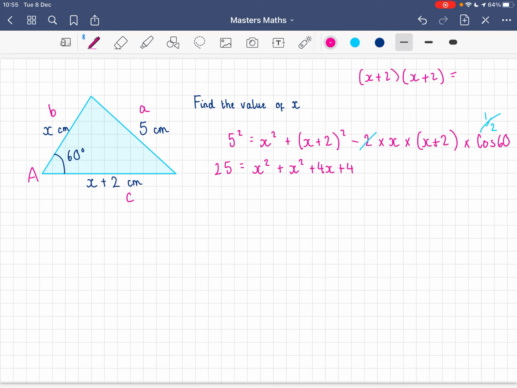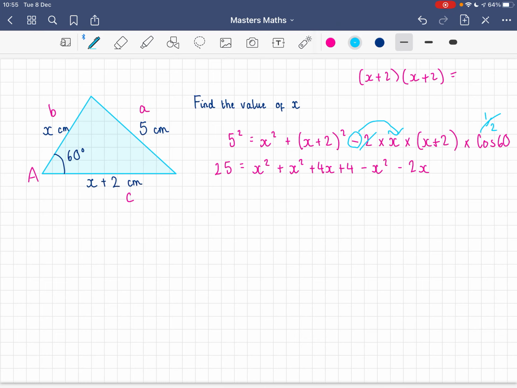So I have x times (x plus 2) would give me, it is a minus x. So it's minus x squared minus 2x. Okay, because even though I've cancelled the 2 out, this negative is still there, making this x negative.